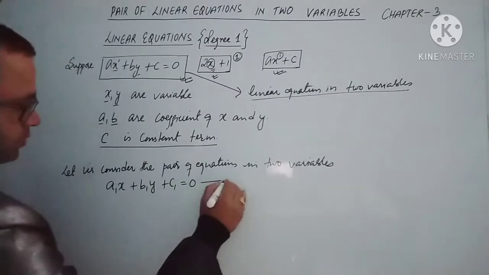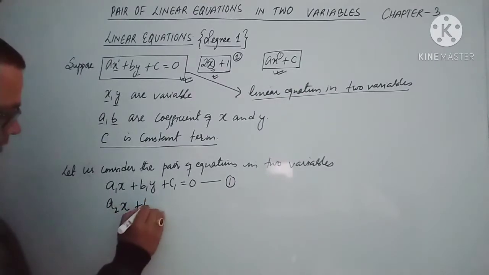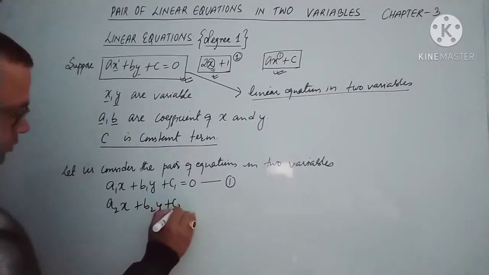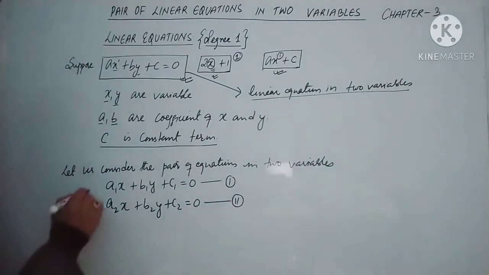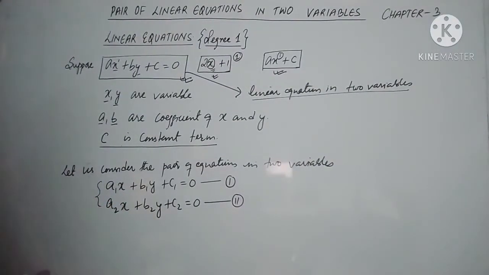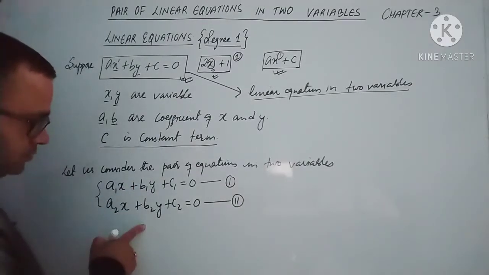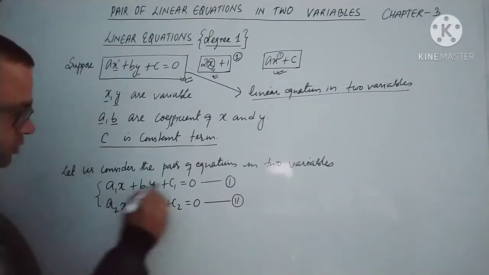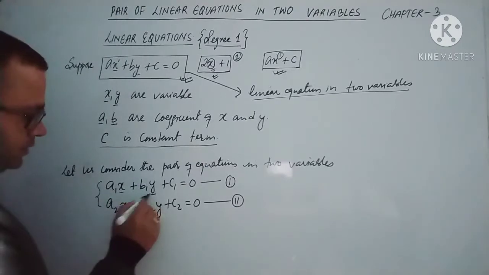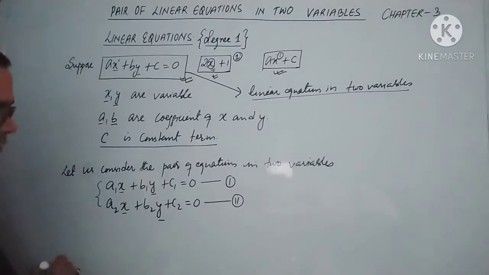This is equation number 1. And the second equation is a2x plus b2y plus c2 equals 0. This is the case of a pair of linear equations in two variables. There are two equations and two variables: in equation 1 there are two variables x and y, and in equation 2 the same, x and y are the variables.